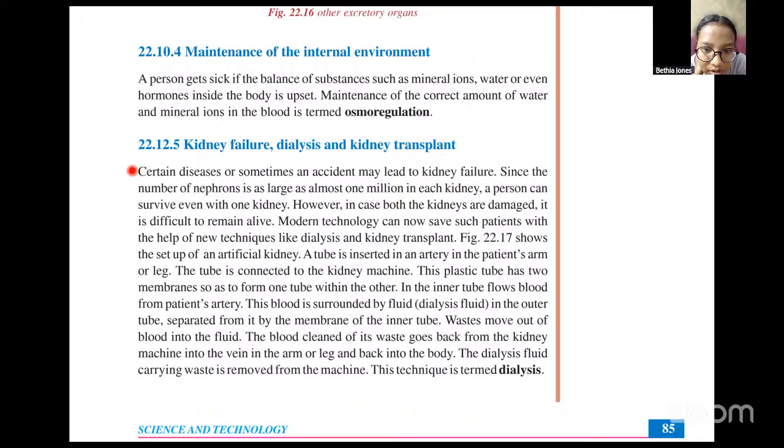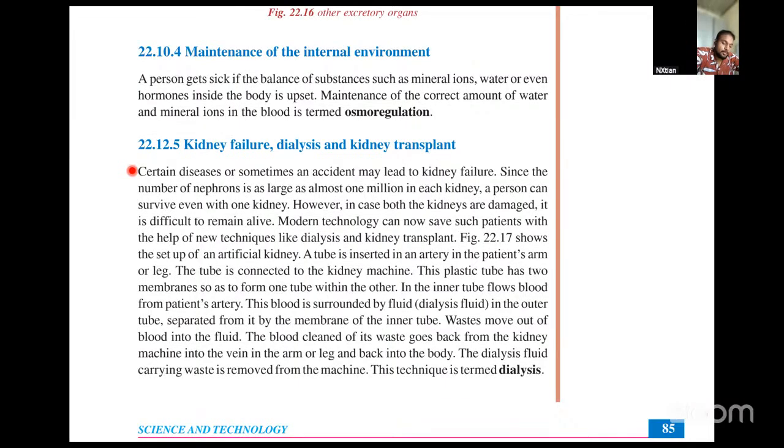This blood is surrounded by dialysis fluids in the outer tube, separated from it by the membranes of the inner tube. Wastes move out from blood into the fluid. The blood, free of its waste, goes back from the kidney machine into the veins in the arms or legs and back into the body. The dialysis fluid carrying waste is removed from the machine. This technology is termed dialysis.